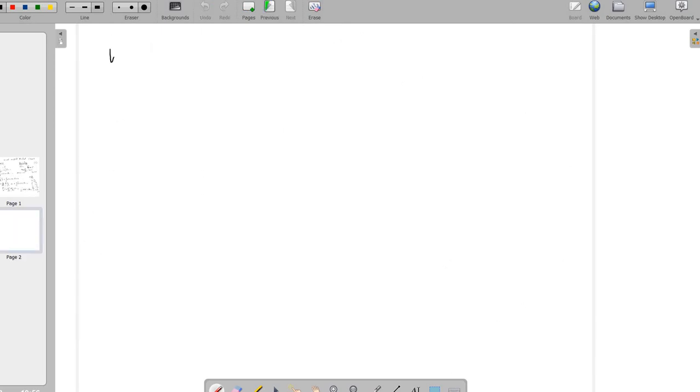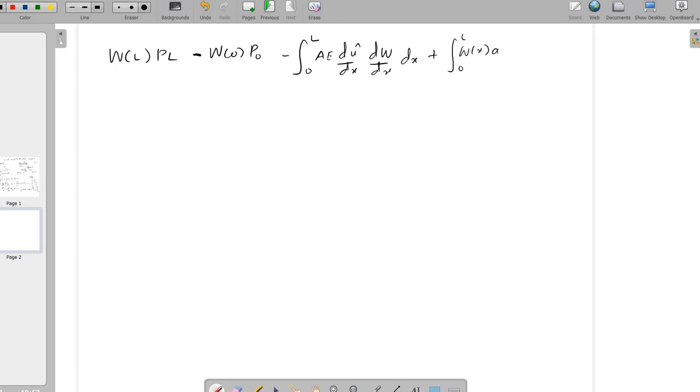Again I am writing W of L, P of L minus W of 0, P suffix 0, minus the integral from 0 to L of AE du by dx dw by dx dx, plus the integral from 0 to L of w of x, a x dx, equal to 0.